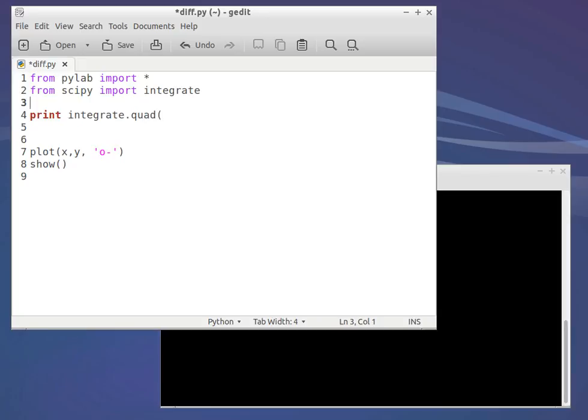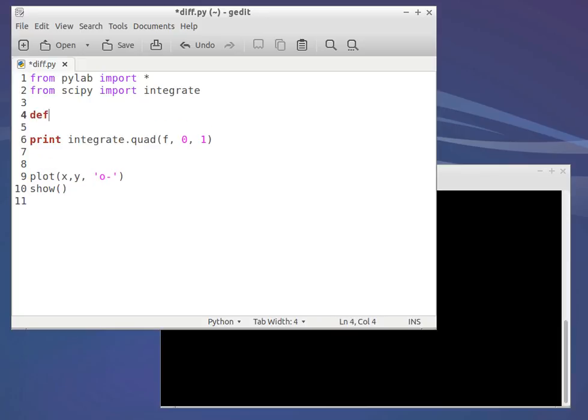But where is the function? You have to give the function and the two limits, but we have not given the function, so we have to define that function now.